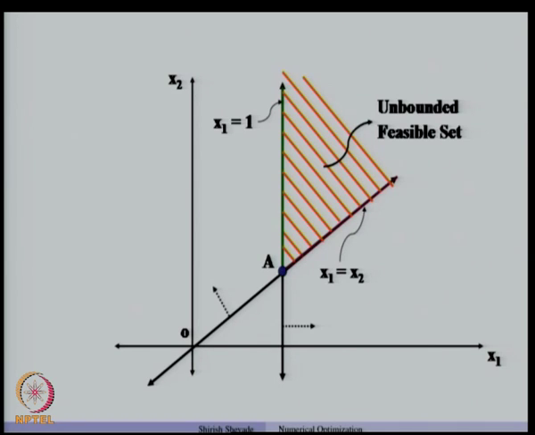Sometimes, if the constraint set is just the half space associated with a hyperplane, then that constraint set does not have any extreme point or vertex. So, a typical linear program may have 0 vertices, 1 vertex, or more than 1 vertex.